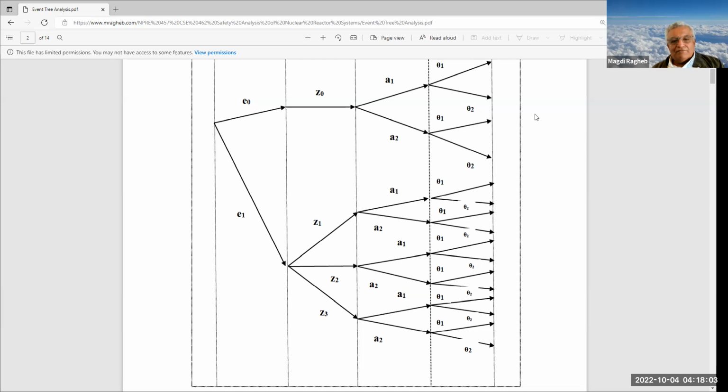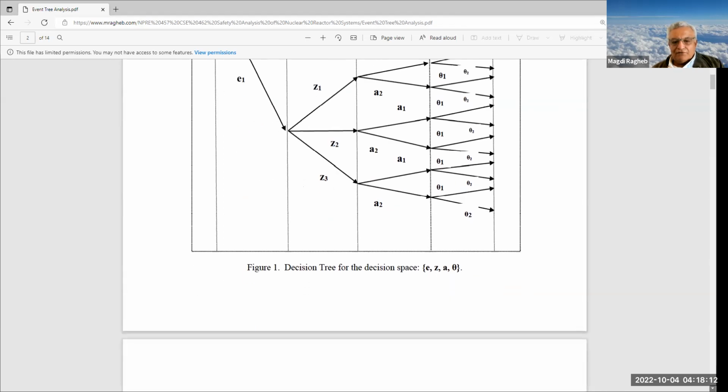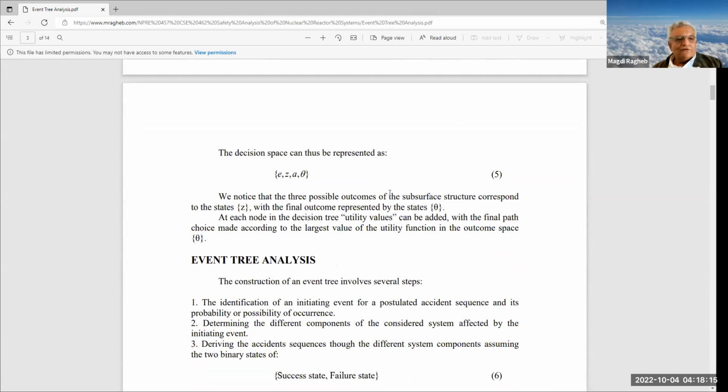So decision trees have been used in operations research, in statistics, to make decisions about different alternatives if we have to go through them. So the decision space can be described as E, Z, A, and theta. And notice that the three possible outcomes of the subsurface structure correspond to the states Z0, Z1, Z2, and Z3. And the total outcome is theta in that case.